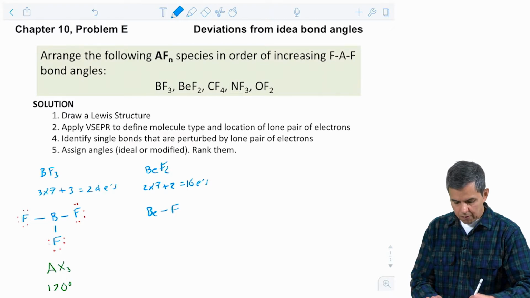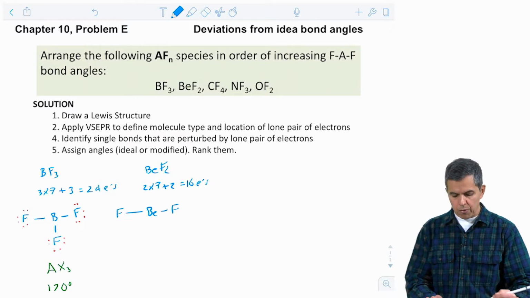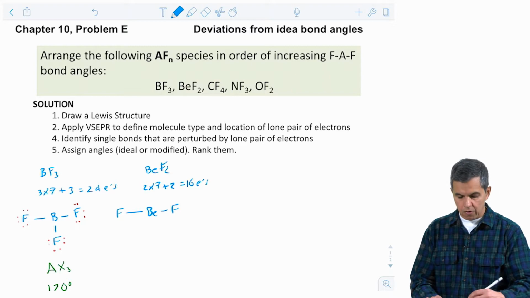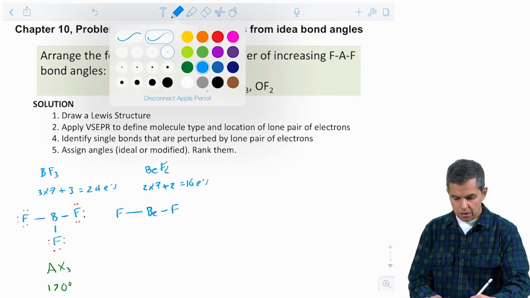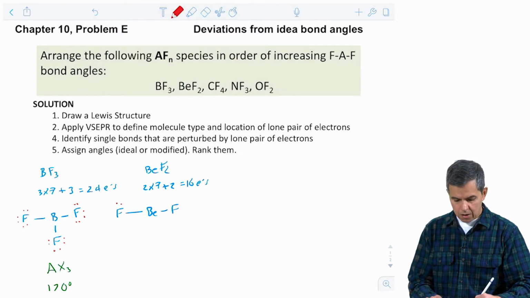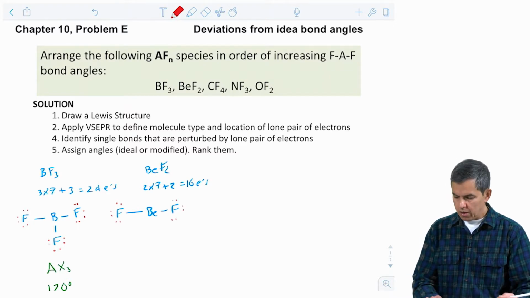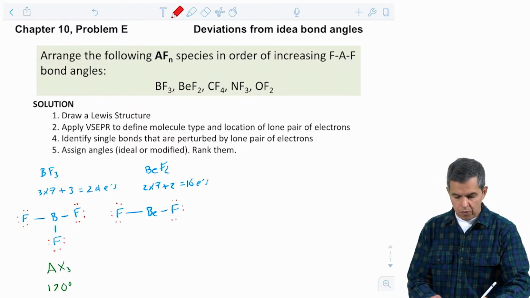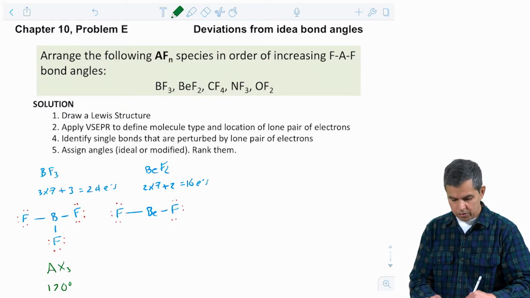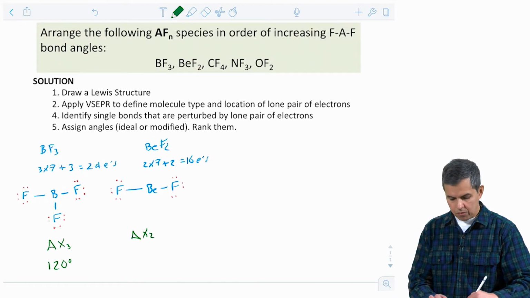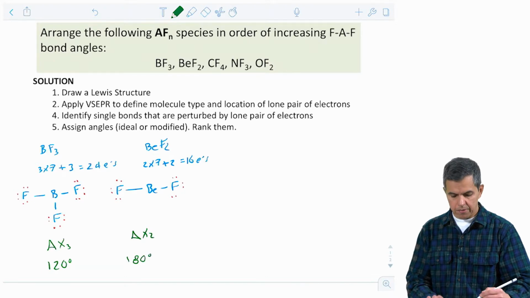We are going to have 4 for bonding and then 12 for non-bonding. We're going to put 6 on each fluorine atom. And this type of molecule has the molecular geometry of AX2, and the angle between the bonds is 180 degrees.